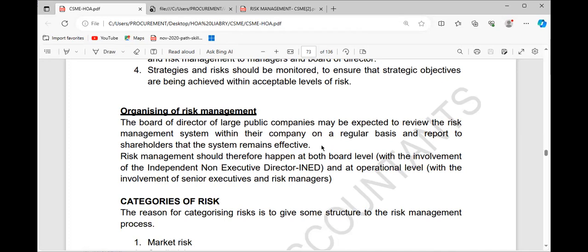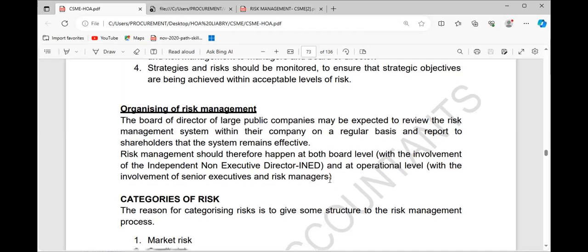They are part of the board to make the board balanced in terms of decision making. So they should be involved in risk management, and at the operational level with the involvement of senior executives and risk managers. Don't worry, I'm still going to cover all these aspects as we move on.